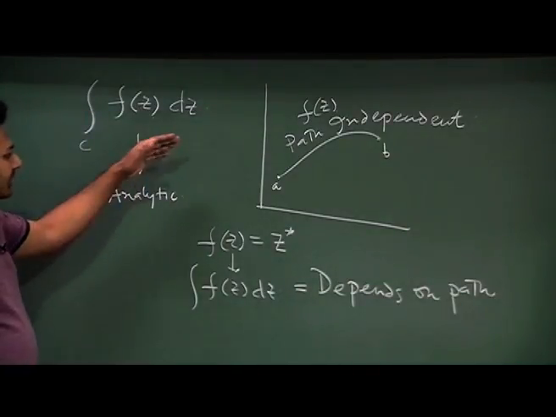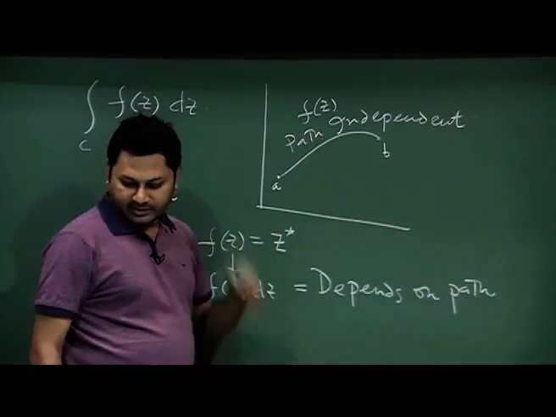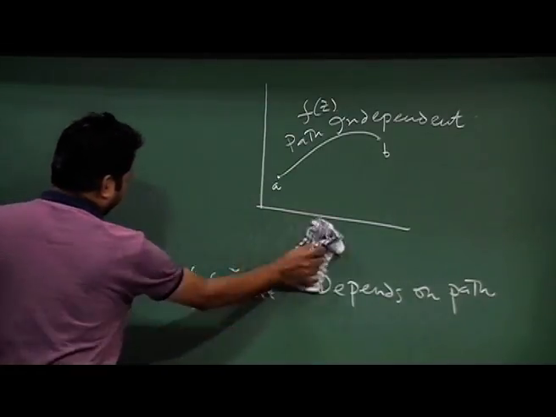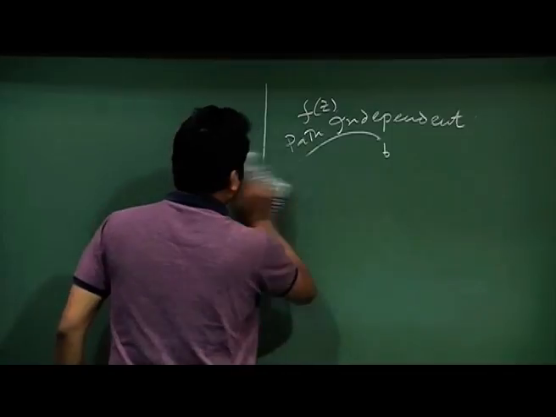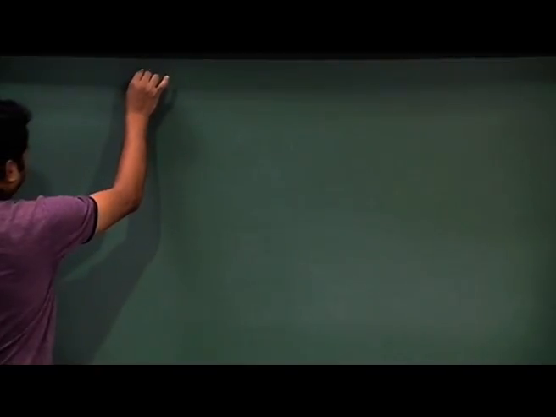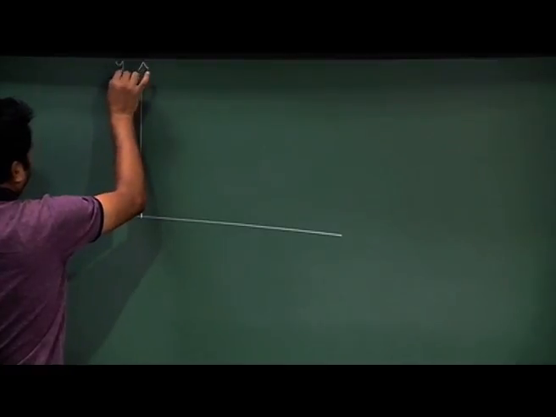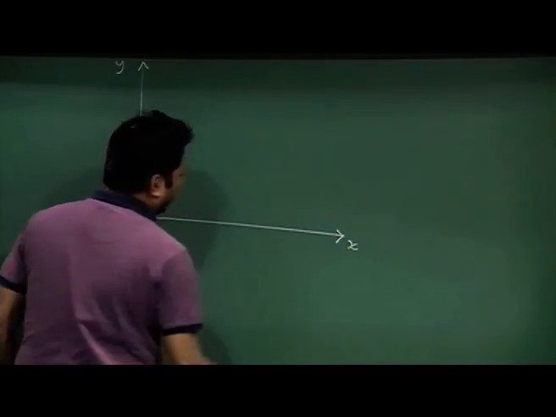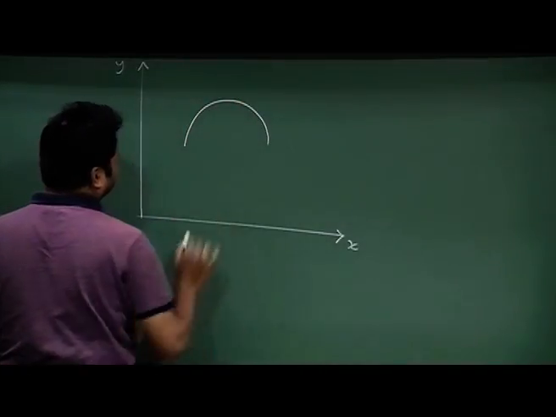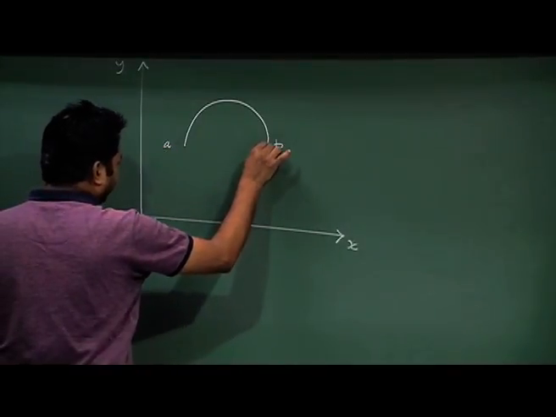This is a very interesting concept. Since it is path independent, we should not bother about which path we are going, that is one issue. And another important issue that I would like to mention today, which is equally important and very useful. Suppose this is my coordinate system, and I am going from a to b, and then return back.